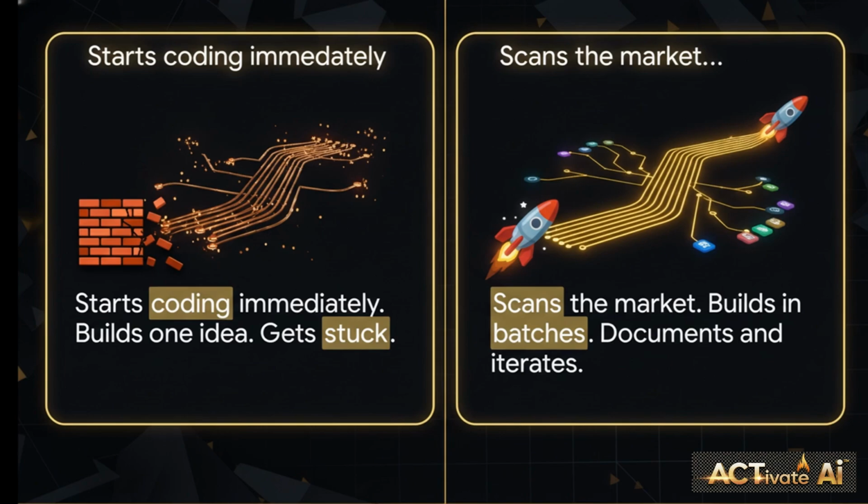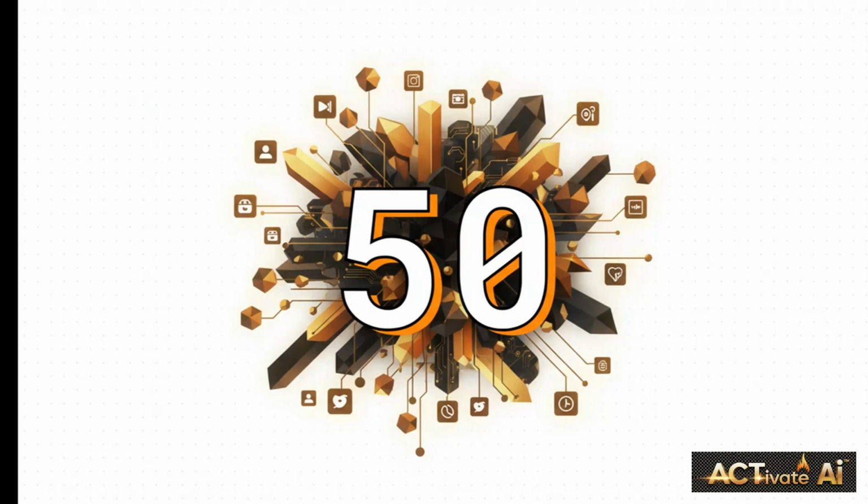You're replacing guesswork with real market data. And because this is a system, it's designed for volume. Look, the goal isn't to spend months building one perfect app. It's to build 10, 20, maybe even 50 different apps, and let the market tell you which ones have real potential. You let the winning idea surface through the act of creation itself.